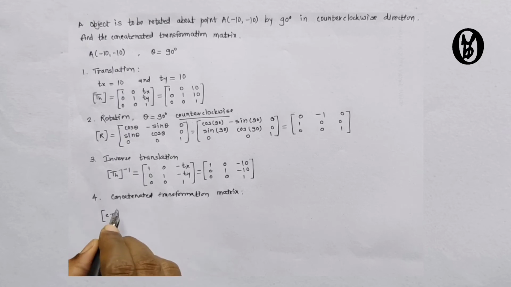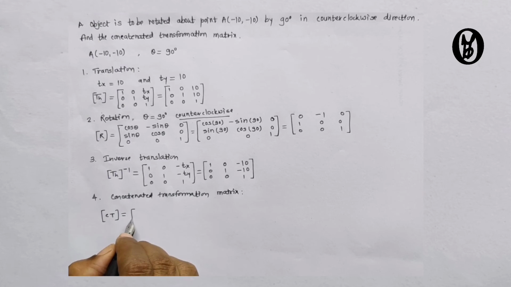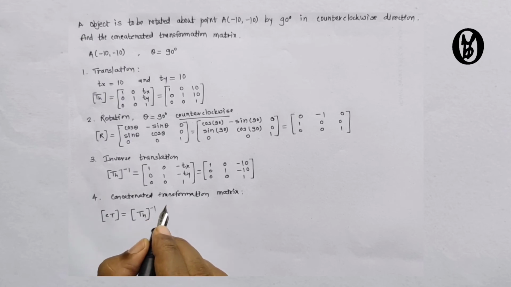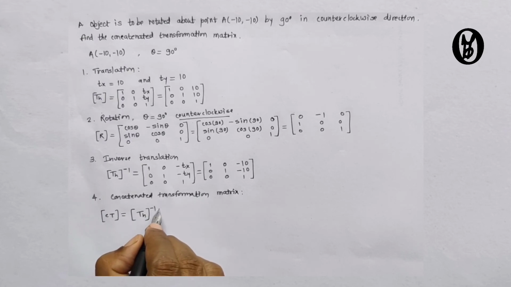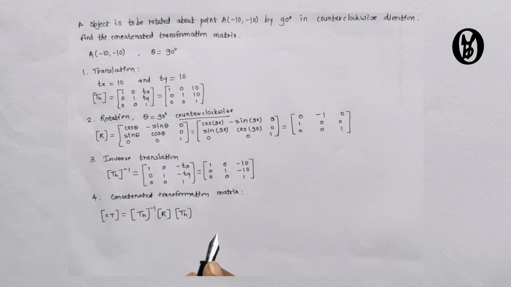The concatenated transformation matrix CT equals the transformation we performed last, which we have to write at the first place: inverse translation multiplied by rotation multiplied by translation.